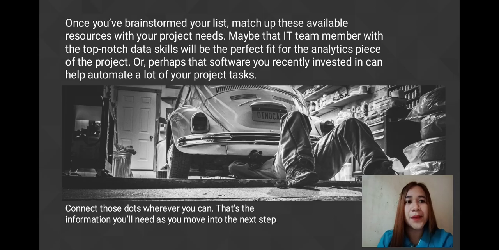Maybe that IT team member with the top-notch data skills will be the perfect fit for the analytics piece of the project. Or perhaps that software you recently invested in can help automate a lot of your project tasks. Connect those dots wherever you can. That's the information you'll need as you move into the next step.